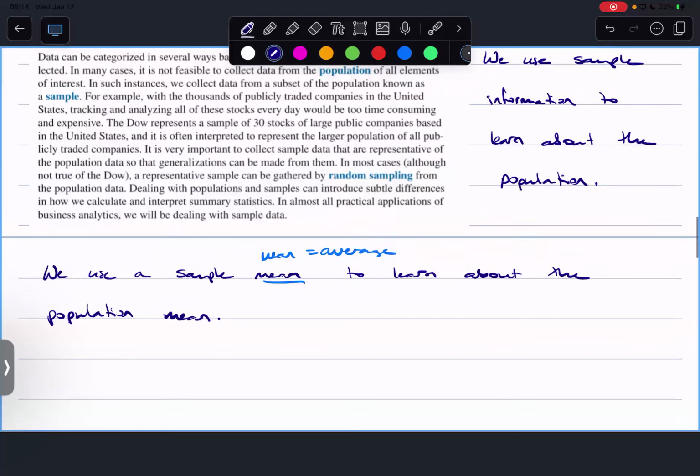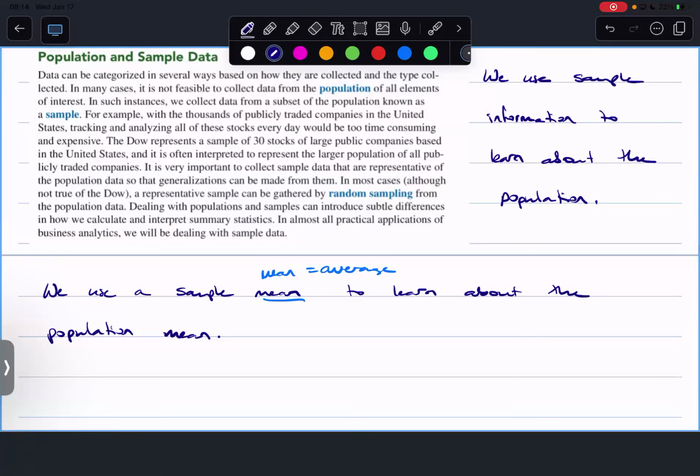What does that assume? Well, it assumes that our sample is representative of our population. Otherwise, we're hooped. If you take just a random sample, even if it's a random sample from the college, and then you're trying to generalize your results to all of Kelowna, that doesn't work.